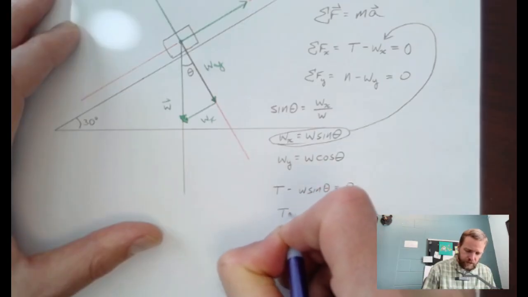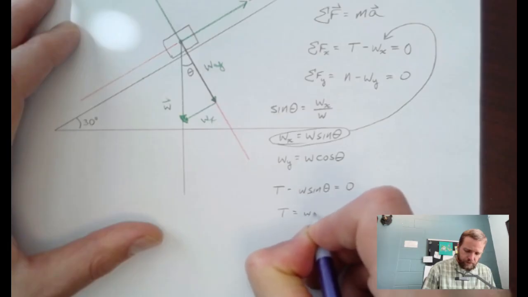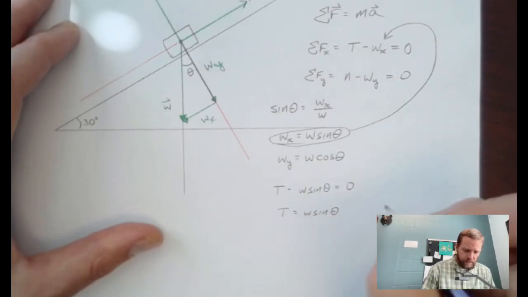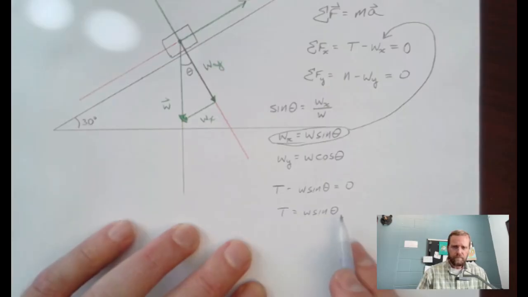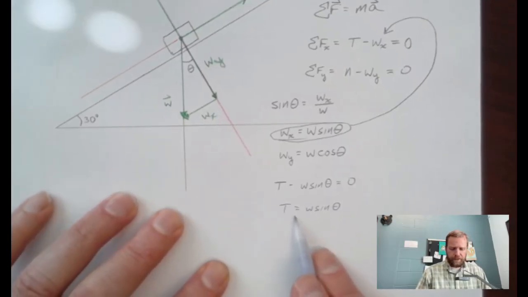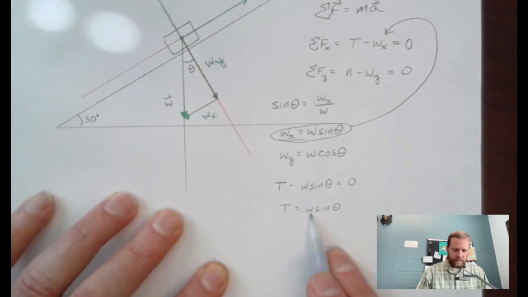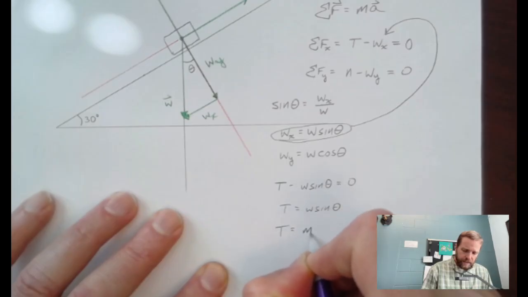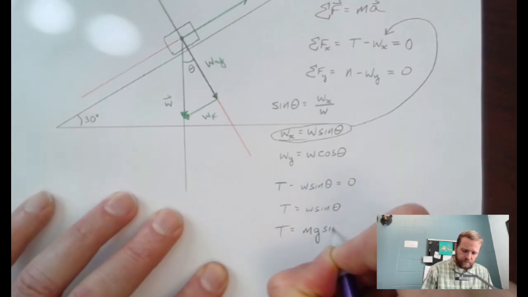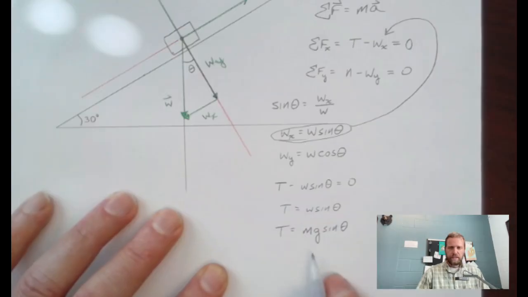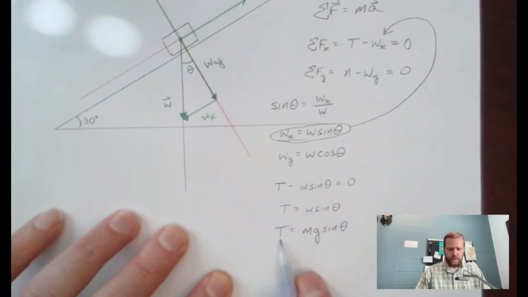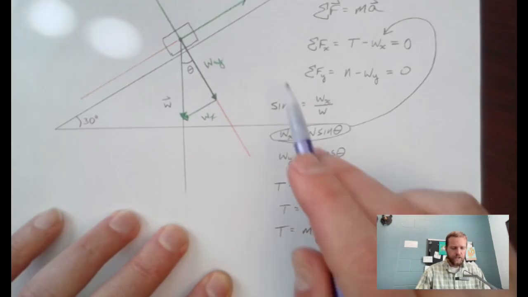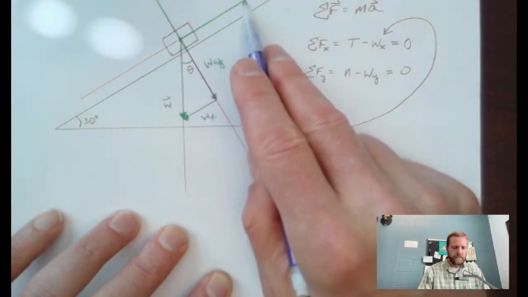So the tension has to equal W times the sine of theta. All right. Now, the weight, remember, is mg, mass times gravity. So if I put that in, mg sine theta, then I've got my expression for tension. Okay, and so this is how we can solve for tension in this line.